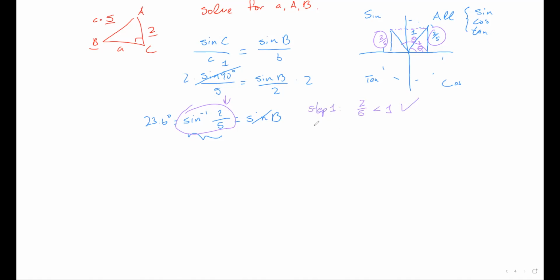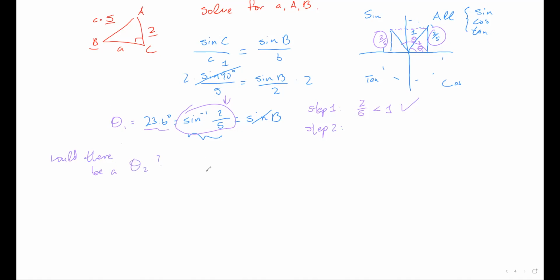And then step 2 is when you have to account for two possible angles. The first one is going to be this, theta 1. And now we have to consider, could there be a theta 2?